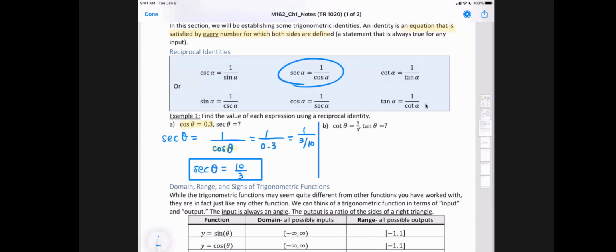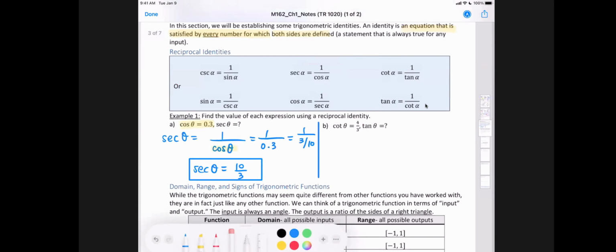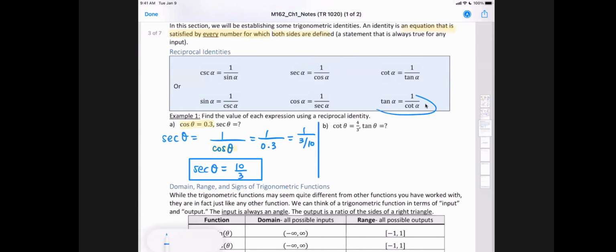Okay, so part B, if we know that cotangent is 4 over 3, then what is tangent of theta? Using the reciprocal identity, the one that we're trying to find is the tangent, so I'll circle the last one.